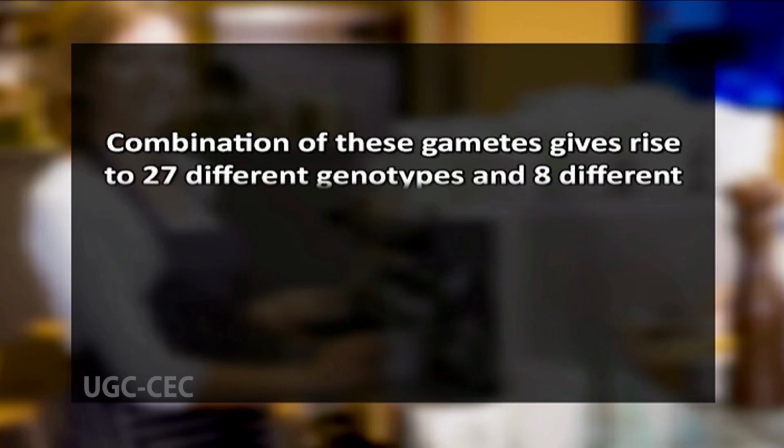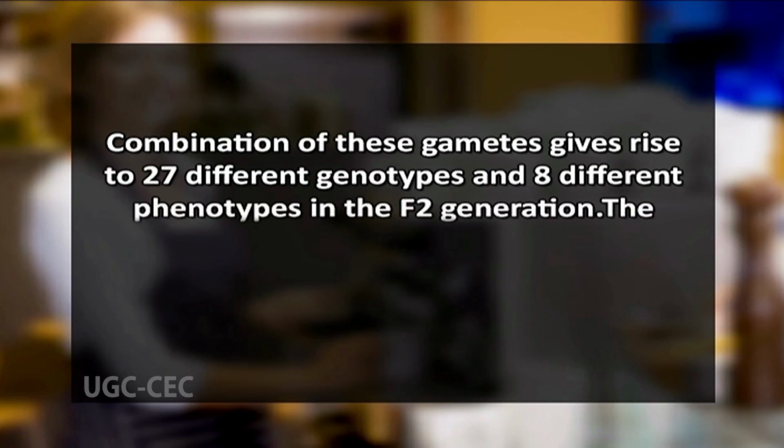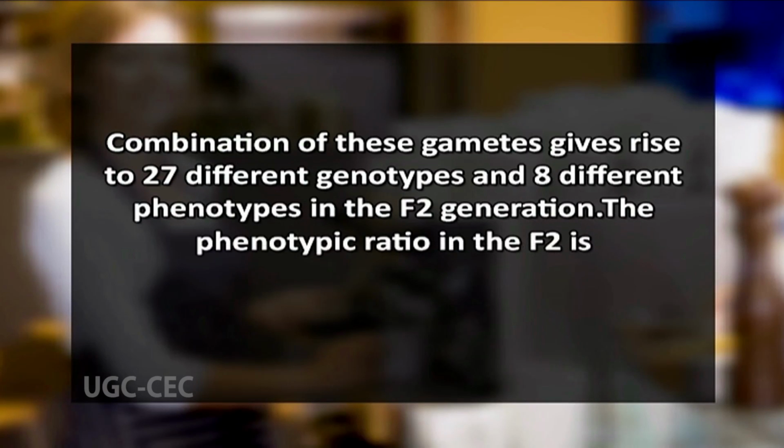Combination of these gametes gives rise to 27 different genotypes and 8 different phenotypes in the F2 generation. The phenotypic ratio in the F2 is 27:9:9:9:3:3:3:1.